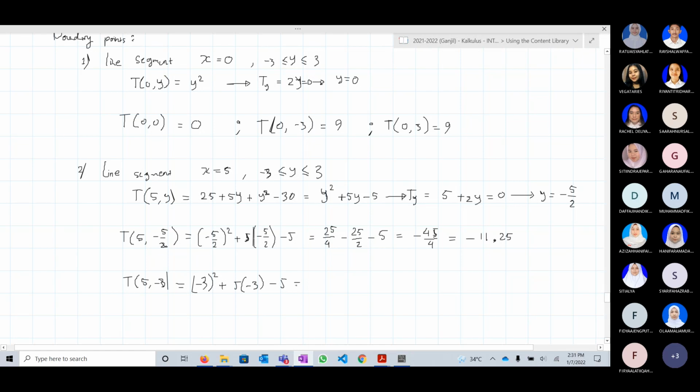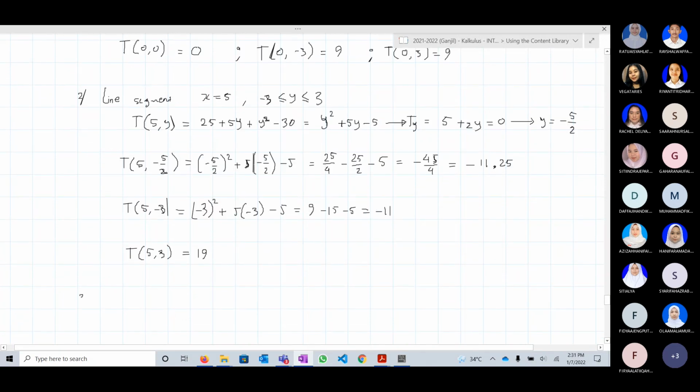So in this case we have 9 minus 15 minus 5, which is minus 11, and t at 5,3 is basically 9 plus 15, 9 plus 19.